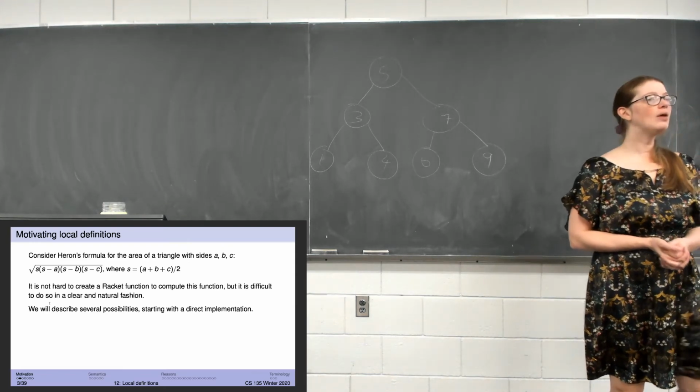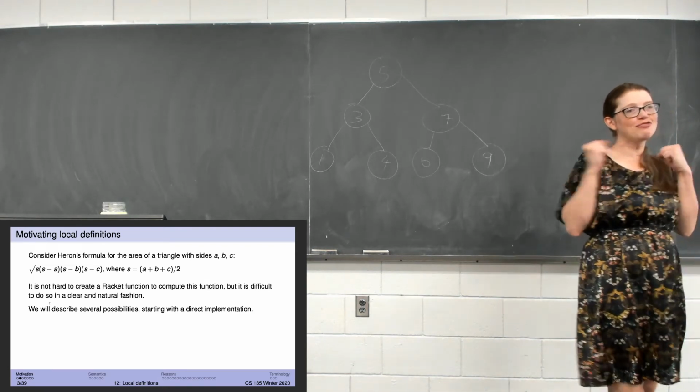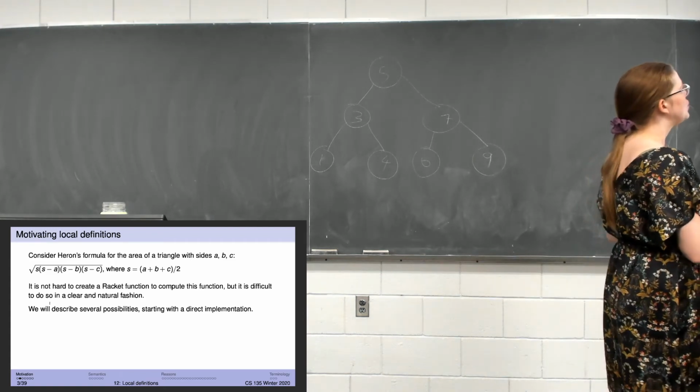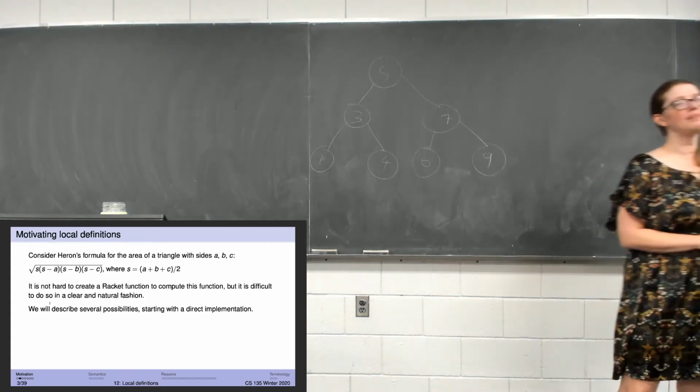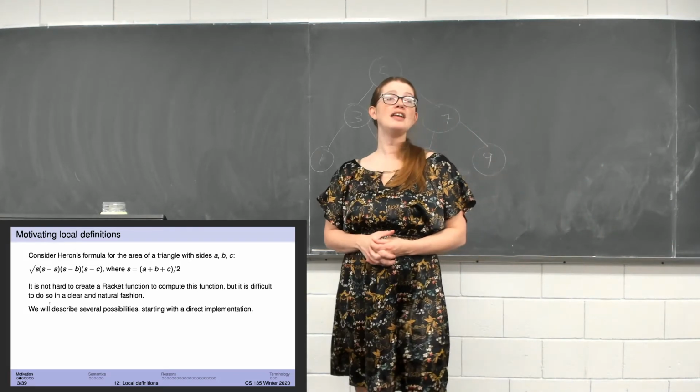Okay. All right. So let's take all of those programming skills you've got from 2 months of bracket, and let's look at this function here. This is called Heron's formula, and this is a formula that takes a triangle and computes its area.